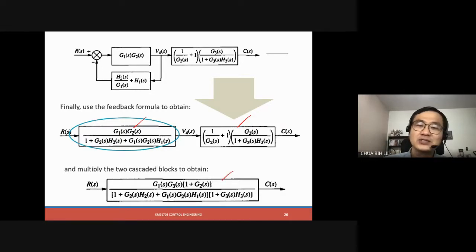Eventually you will see a wonderful magic: a very complex function reduced. That's why usually all those transfer functions are represented by G1, G2, G3, and so on, instead of writing the full transfer functions, because you may do a lot of operations before you finalize the block diagram.